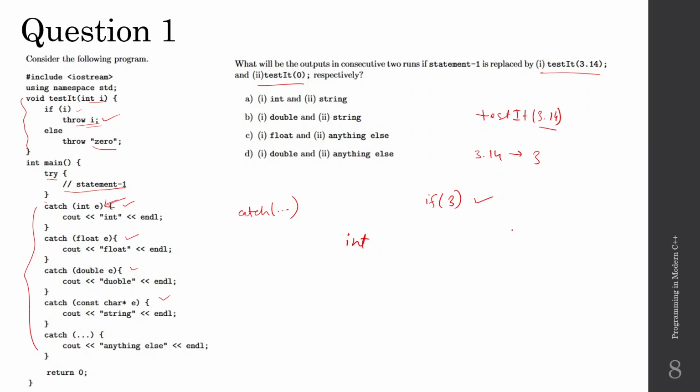Now we come to the second line. In the second case, we write test it and 0. Had we written 0.0, then it would be a double, but in this case 0 is an integer, and again it will go to the function. Now I is equal to 0, so the if part will not be executed. The else part will be executed, and here it will throw a string.